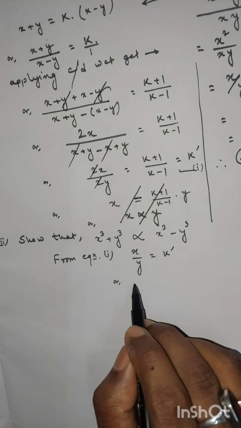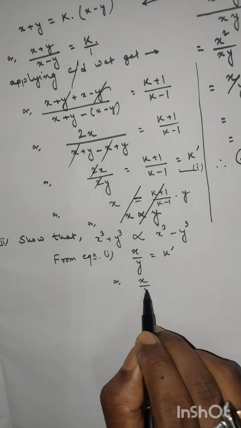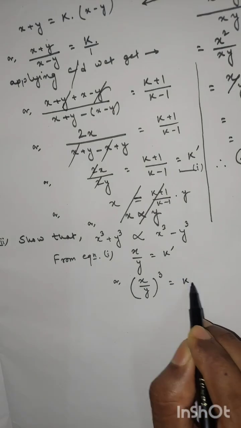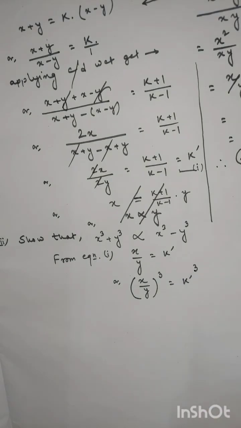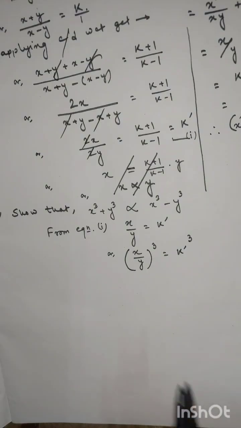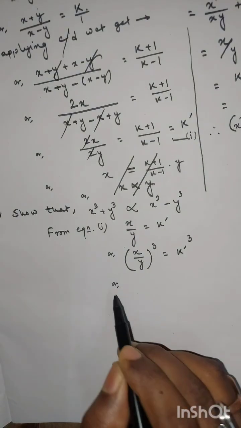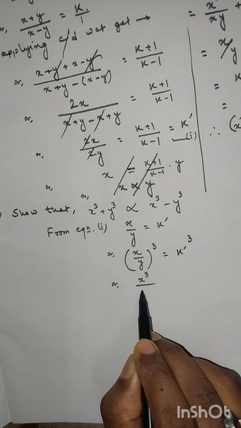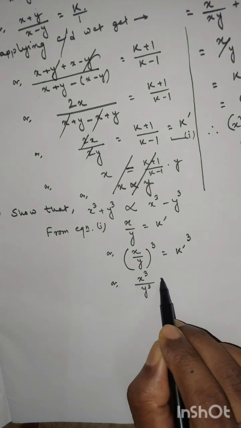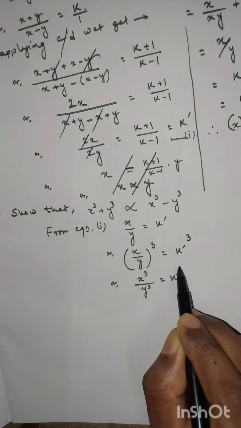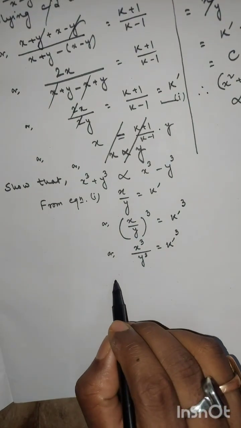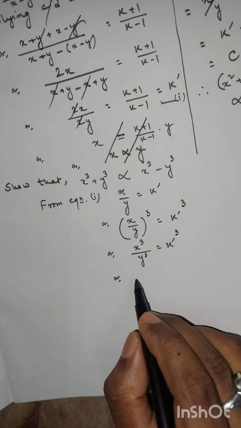So it becomes x by y whole cube equal to k dashed cube, or x cube by y cube equal to k dashed cube.